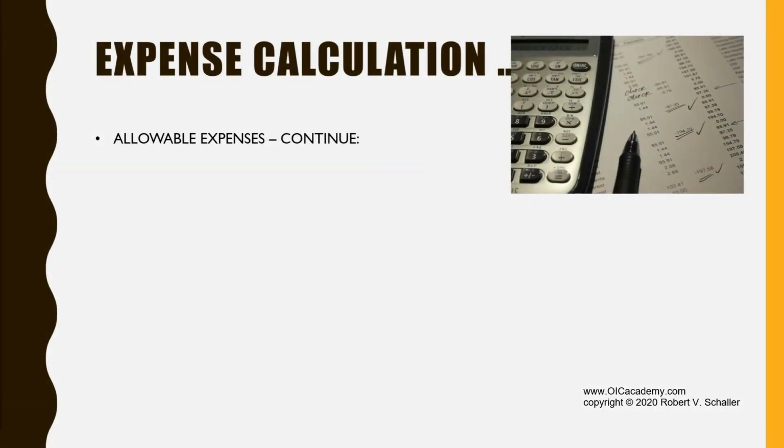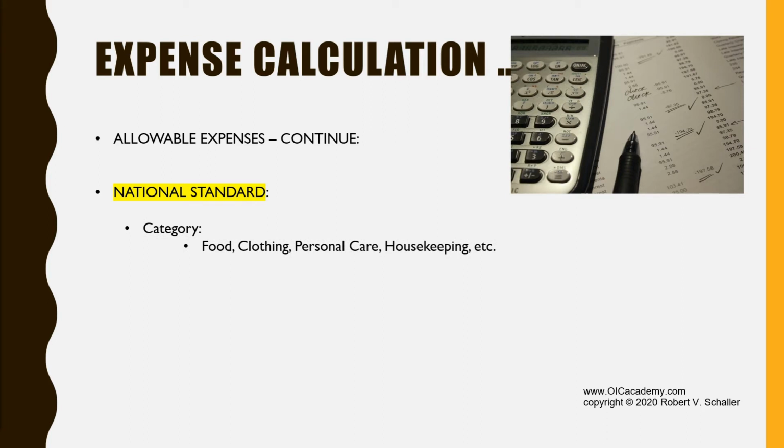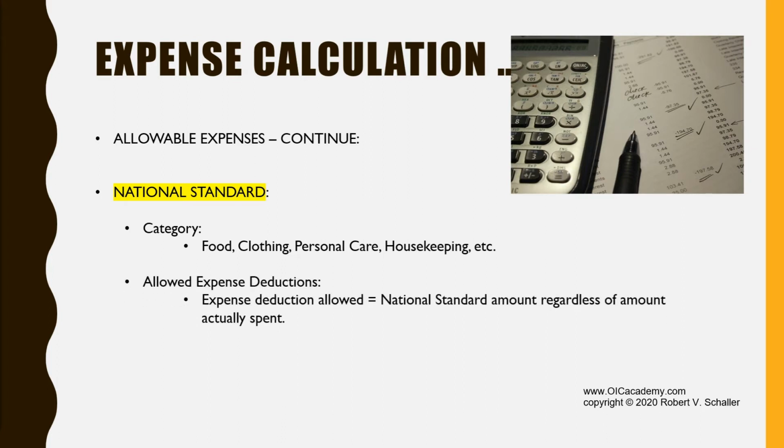Now we will continue our discussion of allowable expenses with a focus on the IRS national standard. The most common expense categories limited by the national standard are food, clothing, personal care, housekeeping, etc. The expense deduction allowed equals the national standard amount regardless of the amount actually spent.